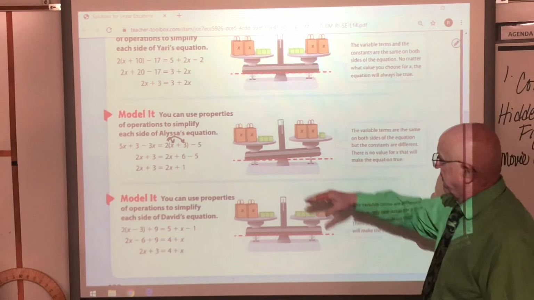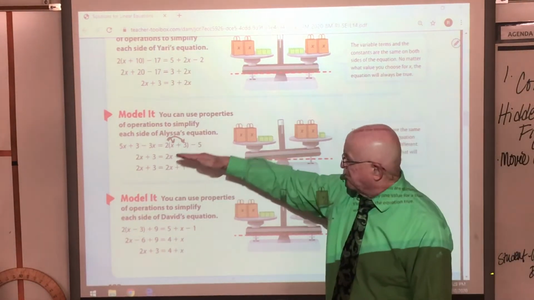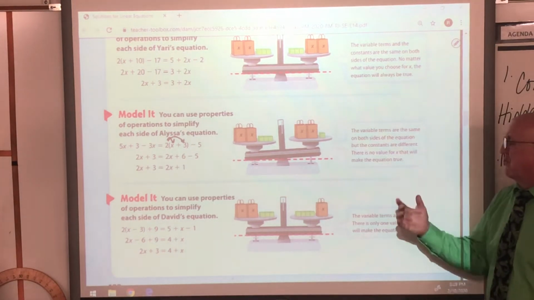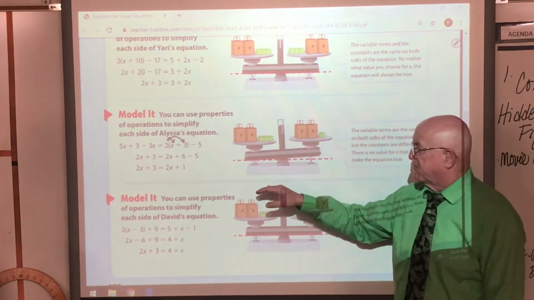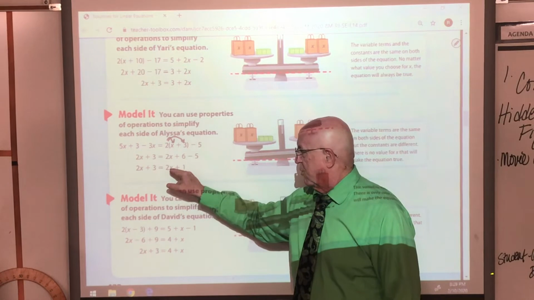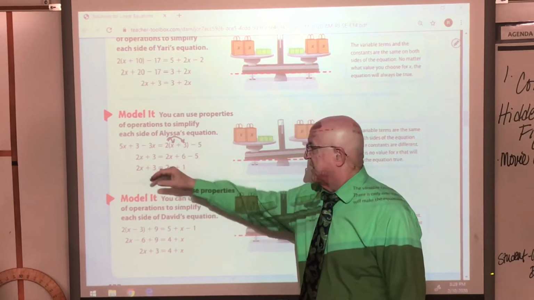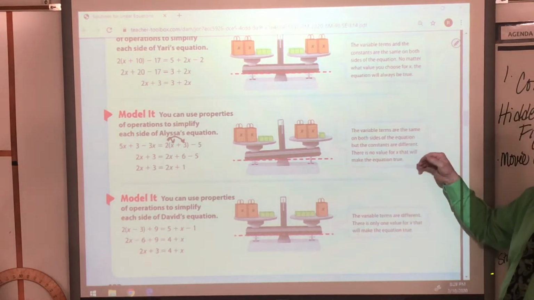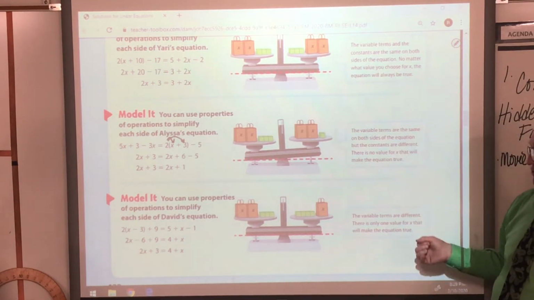So this equation is going to be slanted to the heavier side of the 3. So for this type of equation where you have the same variable, the same coefficient, and different constants, you can never have a solution. So there's no value of x that you can put in and have that solution.